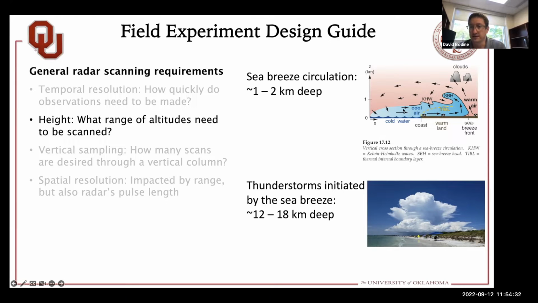You have relatively cold air close to the surface, and then you may have, for example, Kelvin-Helmholtz waves at the interface between the cool and the warm air. To sample this, you need to scan about 1 to 2 kilometers deep. In contrast, a thunderstorm initiated by the sea breeze could be much deeper, maybe 12 to 18 kilometers that you would want to scan.